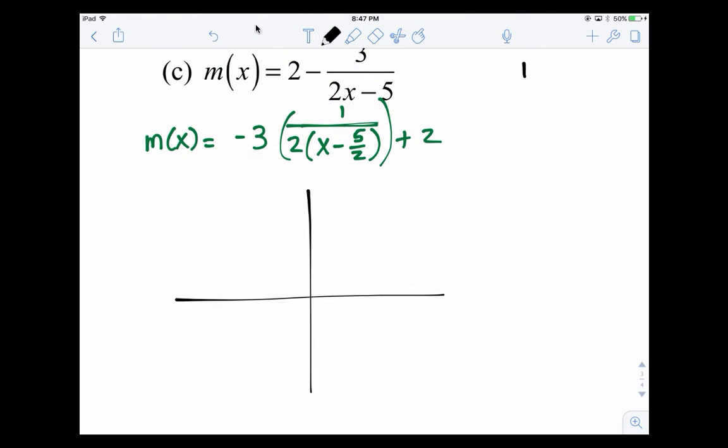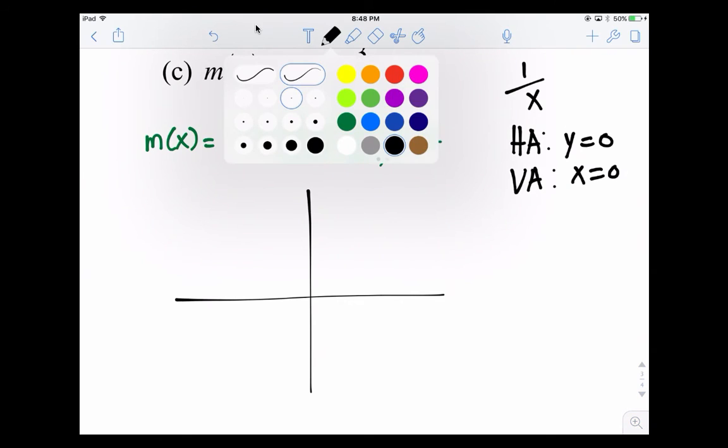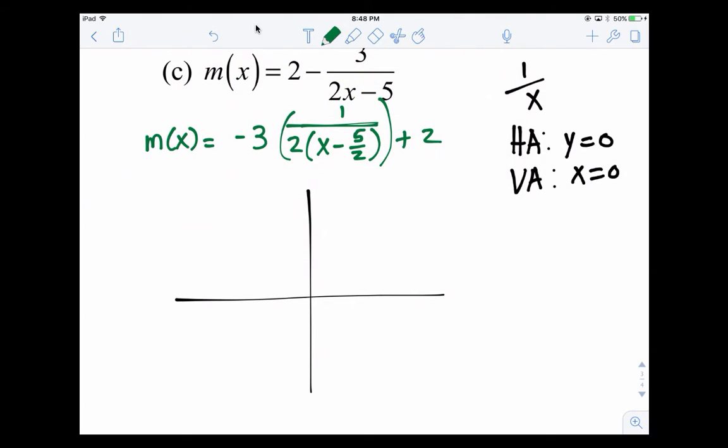Alright, so your parent here would be 1 over x. So you have a horizontal asymptote at y equals 0 and a vertical asymptote at x equals 0. Alright, that's the usual 1 over x graph. Now, because we're moving it to the right 5/2 and we're moving it up 2, that's going to change where my asymptotes are. So if I'm shifting it to the right 5/2, that's where my vertical asymptote is going to be now.